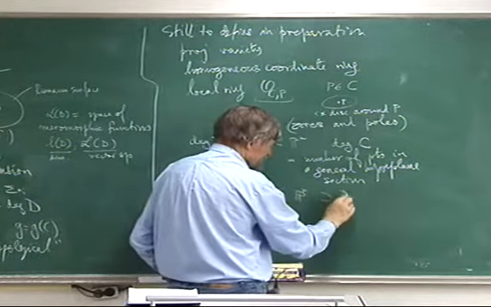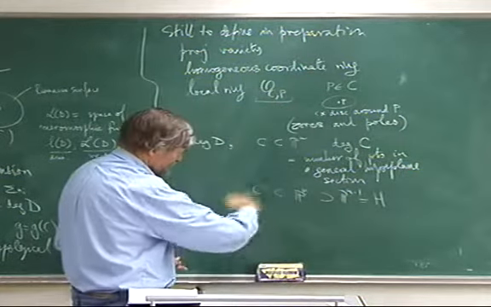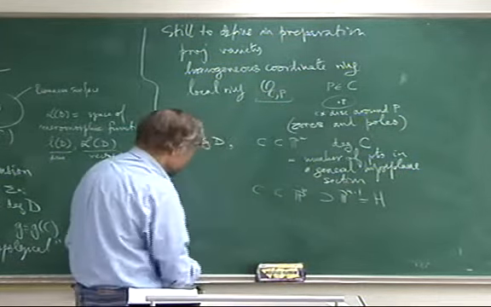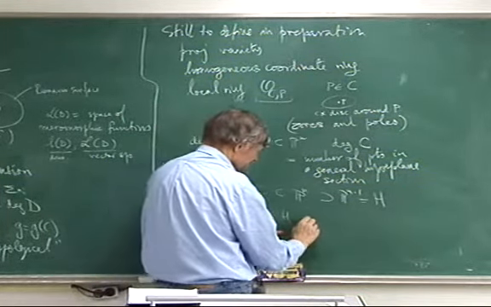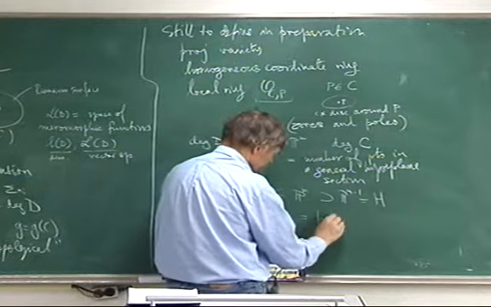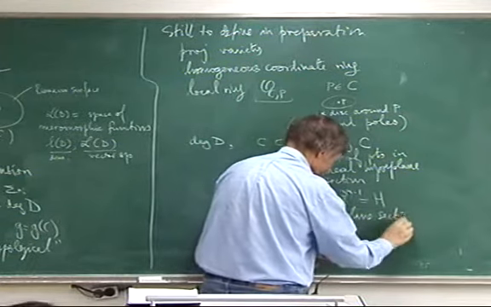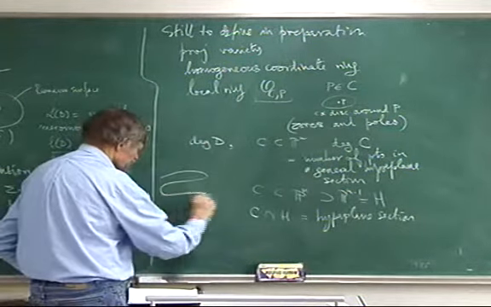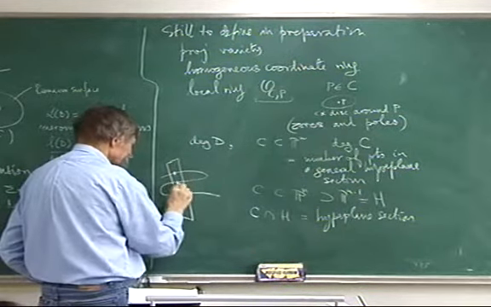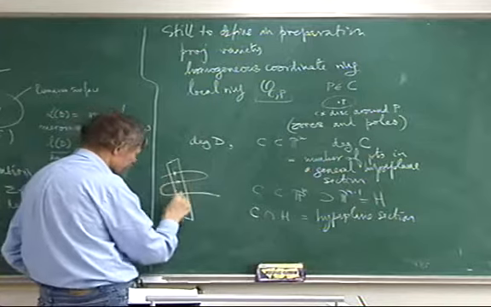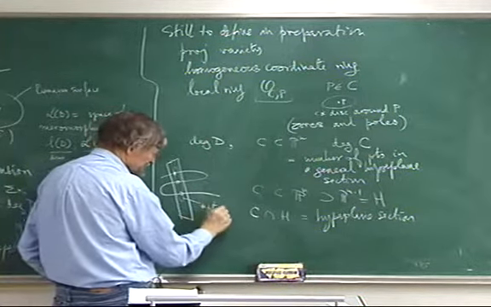In there I take P^(n-1), and I call this H. And I think of this H as moving around, and then C intersect H is the hyperplane section. And the thing I want is that this meets the curve C in a number of points equal to the degree of C.